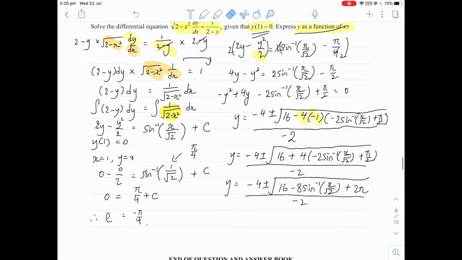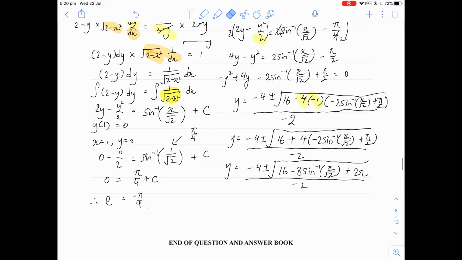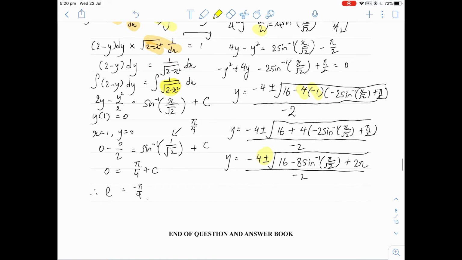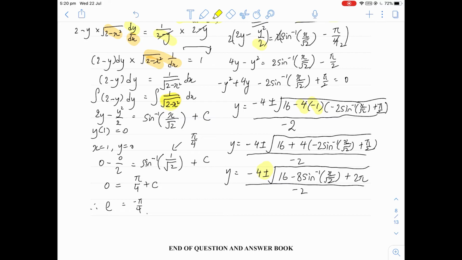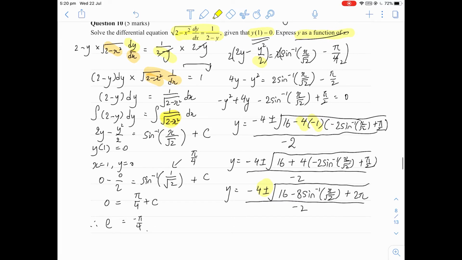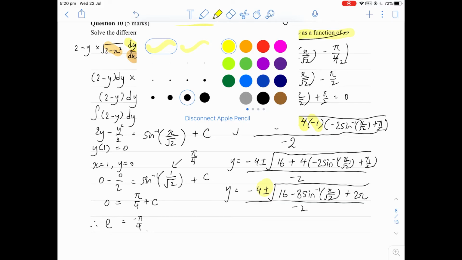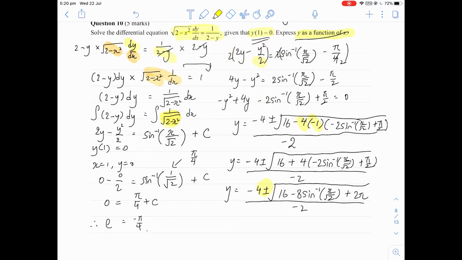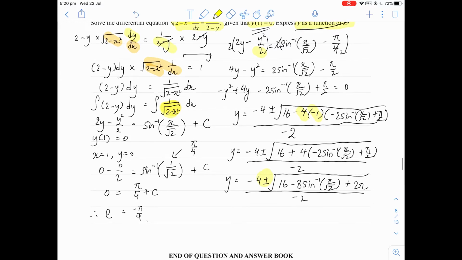So we need to check that, because from here we can see that y actually has 2 functions. So it has the positive side of the function and the negative side of the function. So we need to check that both of these functions satisfy the initial condition that is given to us.